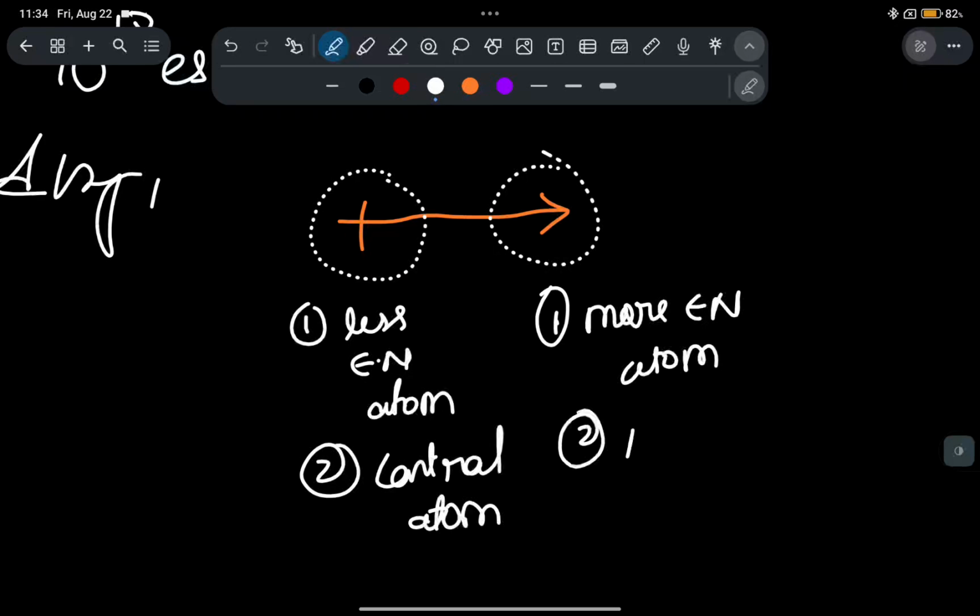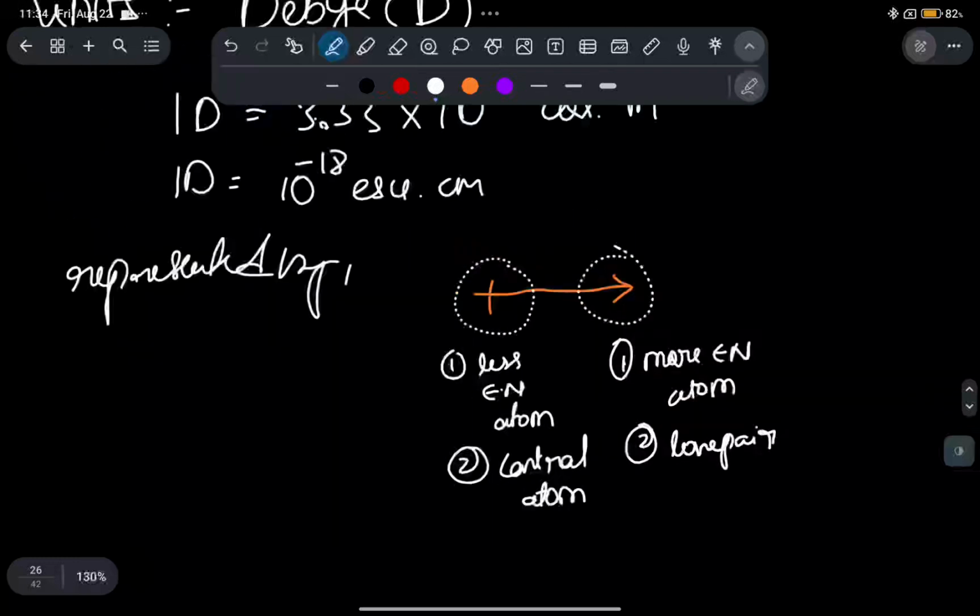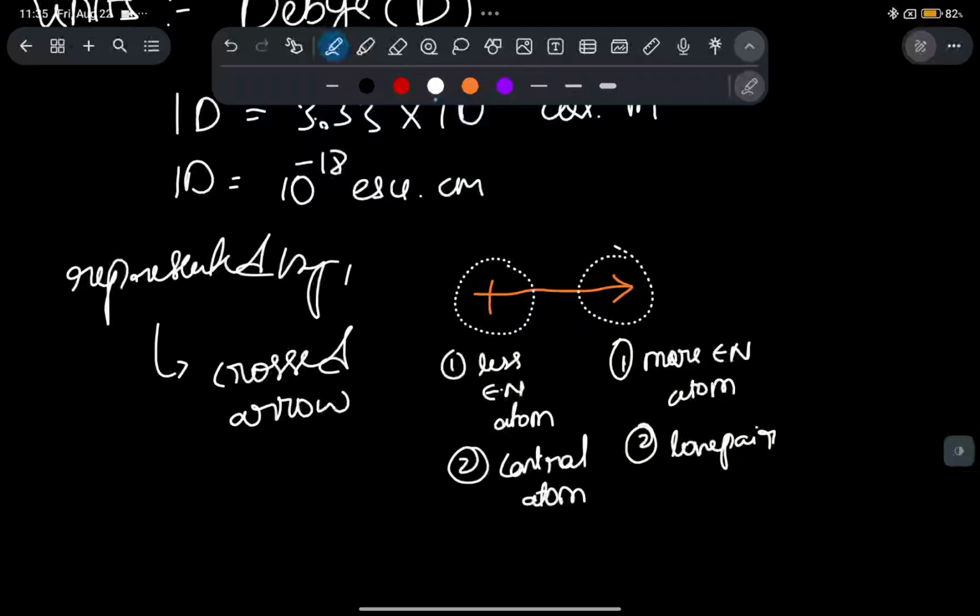Sometimes a lone pair atom is also represented by a crossed arrow mark.